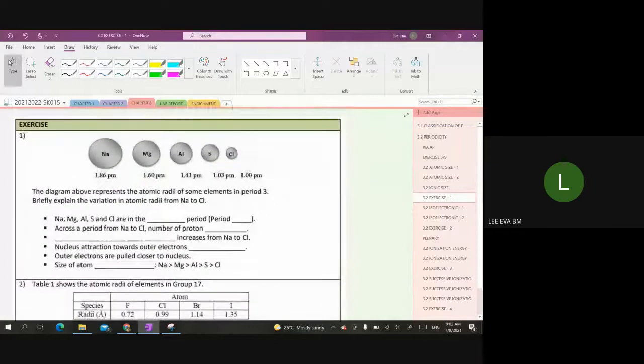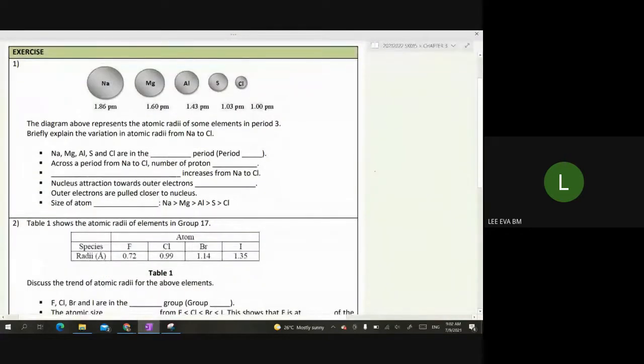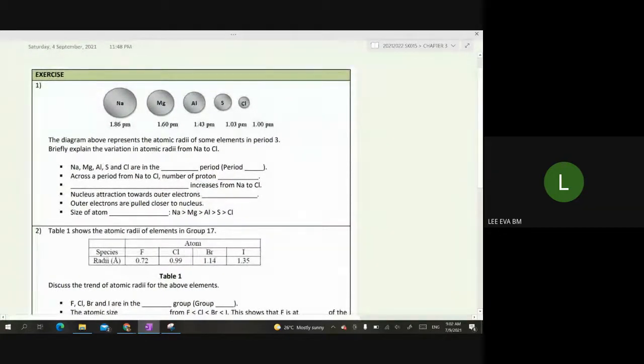So let's look at the exercises. Because it is fill in the blank, we discuss it together. All right, for question number 1, we can see sodium, magnesium, aluminium, sulfur, chlorine, the sizes decrease. Based on the diagram above, the elements are in period 3. Briefly explain the variations in atomic radii from sodium to chlorine.